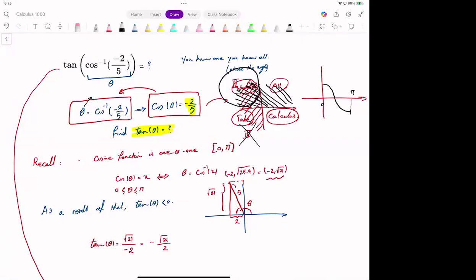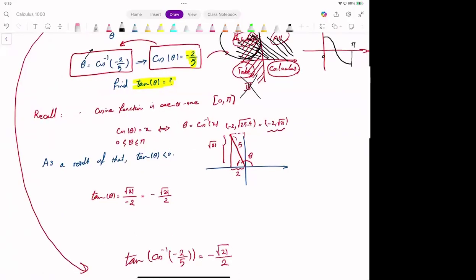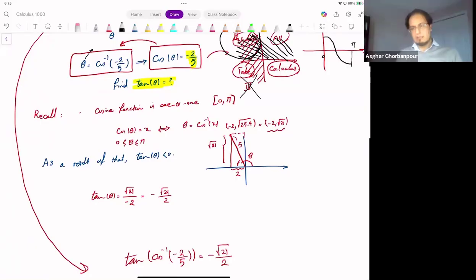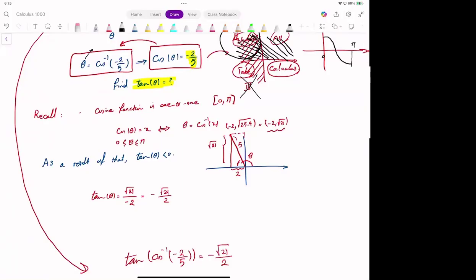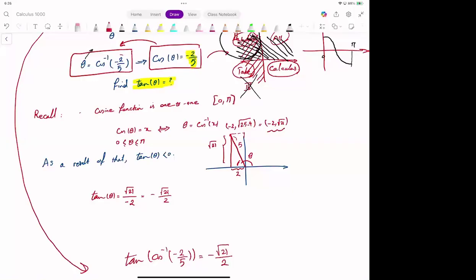Sure, please. If the range of cosine is -1 to 1, wouldn't that be the domain of cosine inverse? That's right. So why aren't we using the domain of cosine inverse to find this?